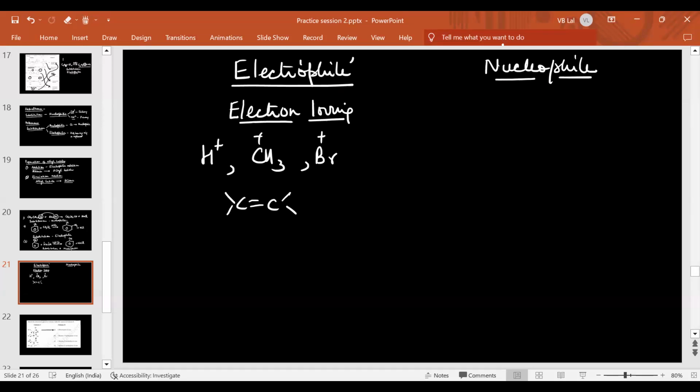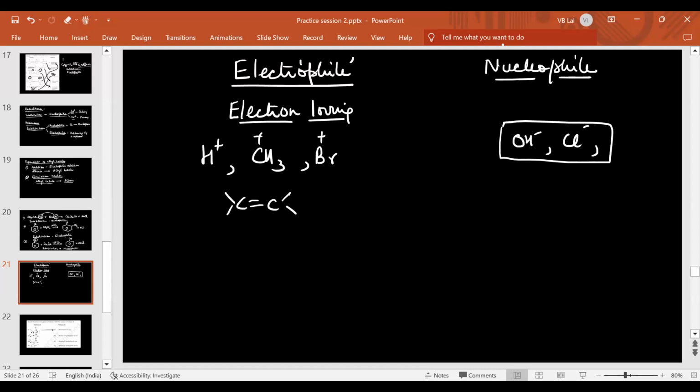Nucleophilic means nucleus loving. What is the charge on the nucleus? The charge on the nucleus is positive. So the nucleophile is a negatively charged species like OH minus, Cl minus. Anything which is negatively charged is a nucleophile.